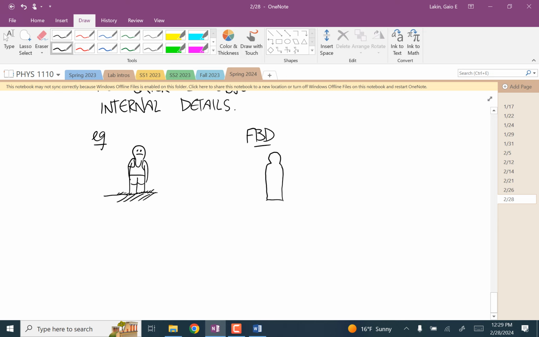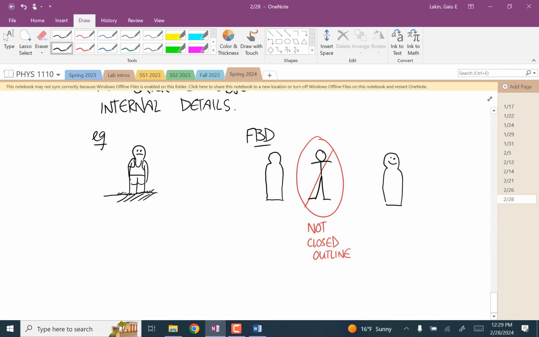So some examples of things that you shouldn't do. Don't do this because it's not a closed outline. Don't do this because he's not happy. No, just kidding. Because that has internal details.